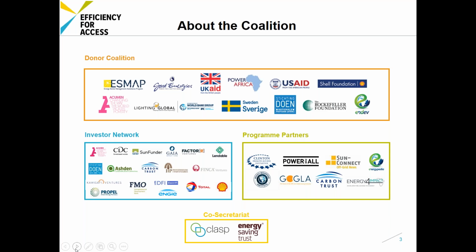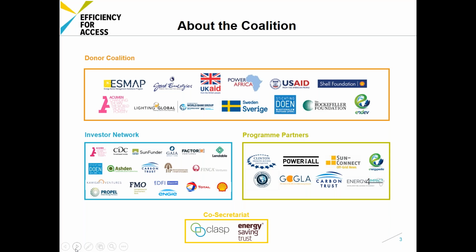We have programs and initiatives spanning 3 continents, 44 countries, and 19 technologies. You can see the donor coalition indicated at the top. And then we also have an investor network of organizations, funders that are interested in funding off-grid appliances.